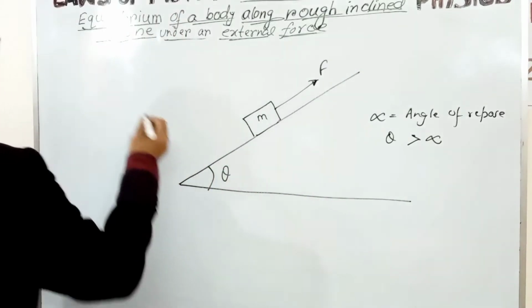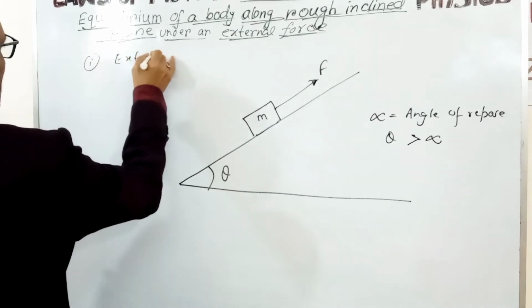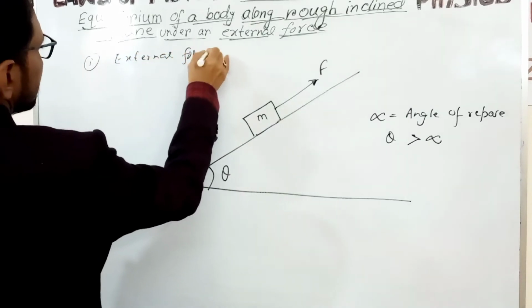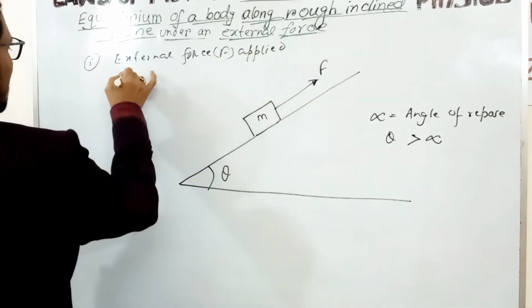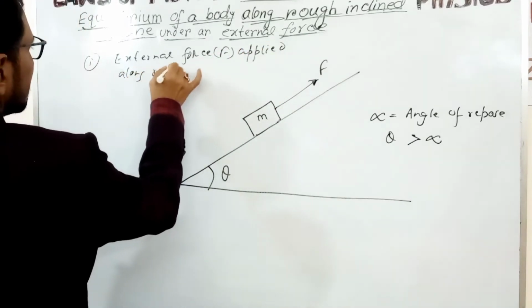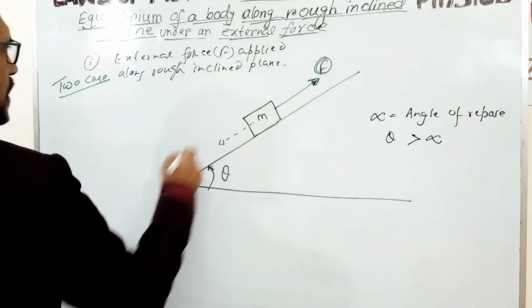Now what is the minimum force? Because the question is about external force applied along the rough inclined plane, two cases may arise.